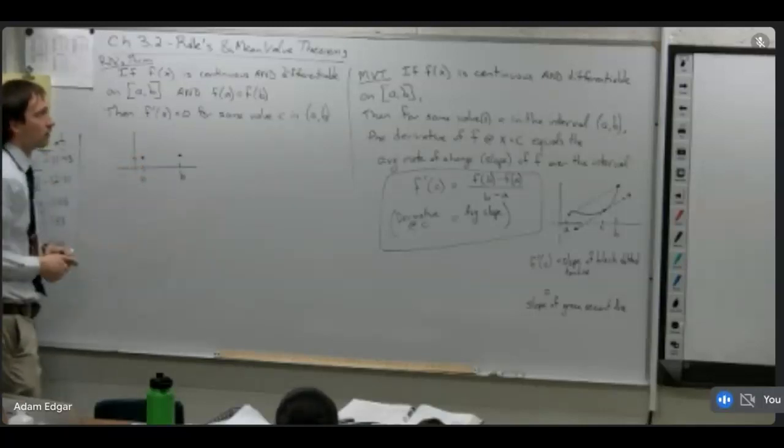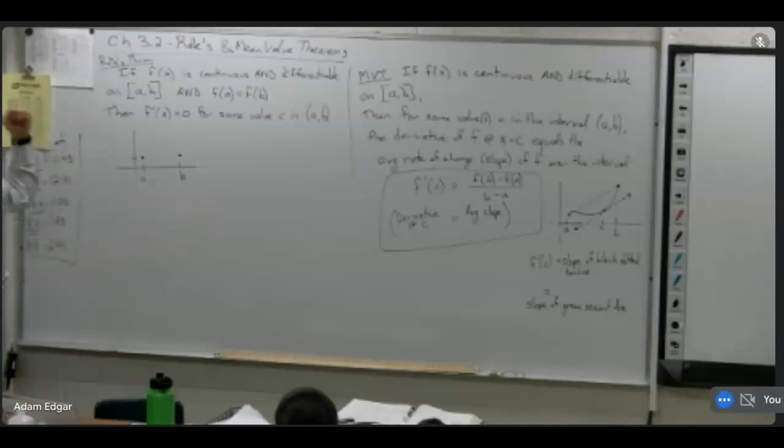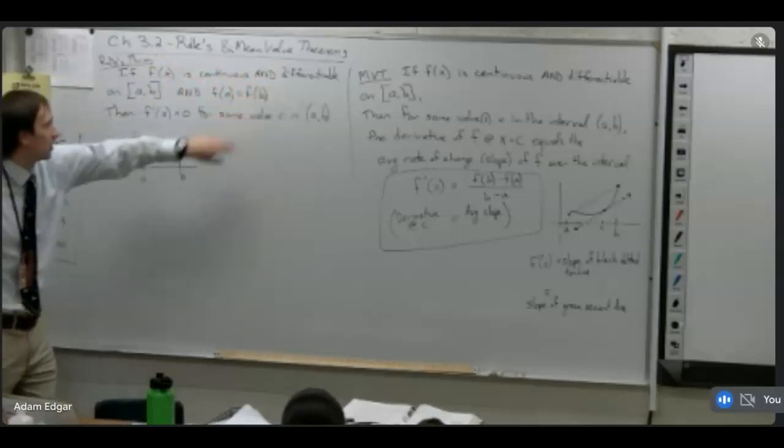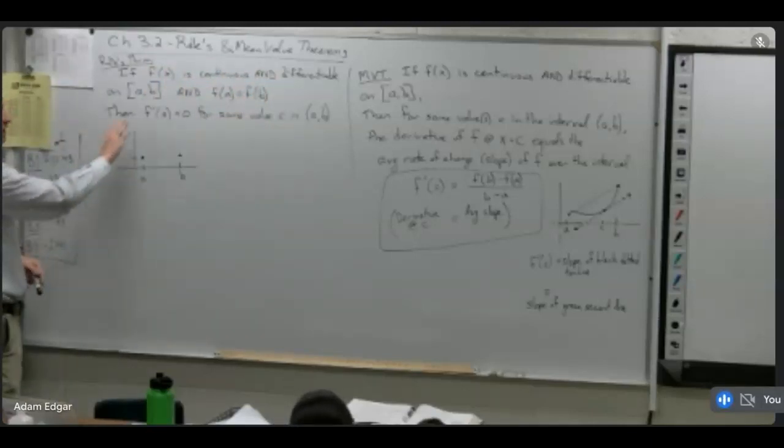So we have 3 conditions. Our function's got to be continuous, and it's got to be differentiable, so no sharp turns. It's all got to be a smooth curve. And beginning and end are the same. As long as those 3 things happen, the derivative is guaranteed to equal 0 somewhere in there.